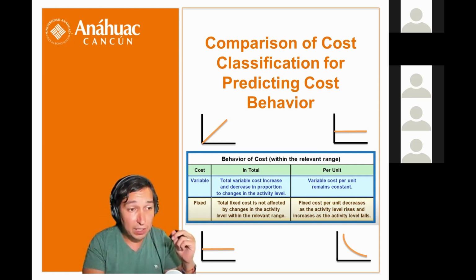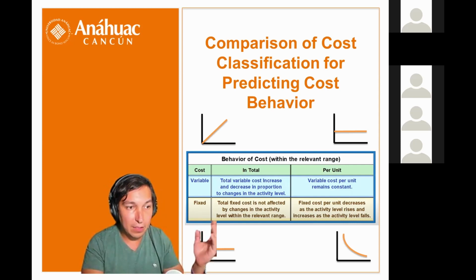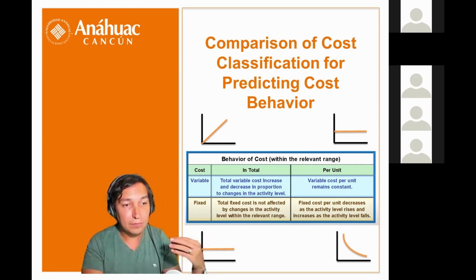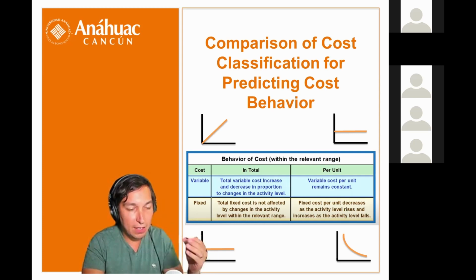So if we have to pay $10,000 a month for rent, if we make 0 units, it's still going to be 10,000. But if we make only 1 unit per month, then that 1 unit has to absorb $10,000 worth of rent. Now that seems crazy, right? If we make 2 units, they each have $5,000 of fixed rent attached to them.